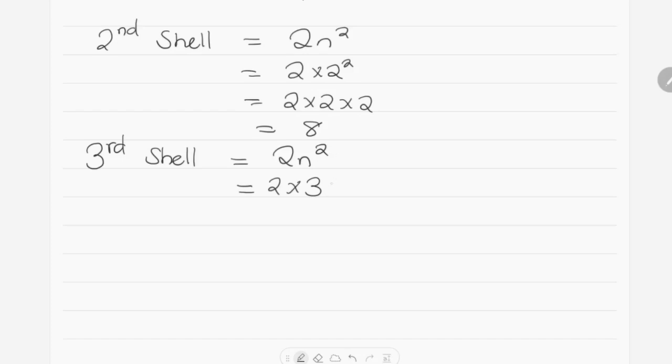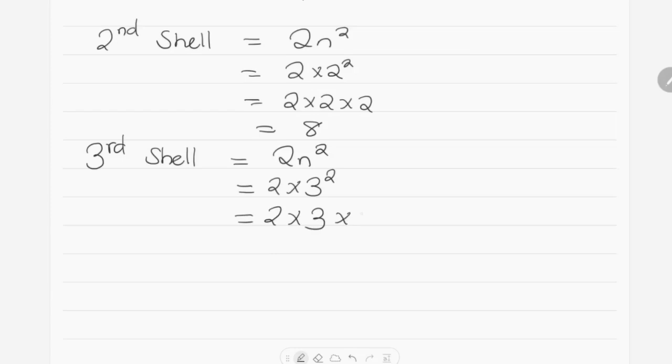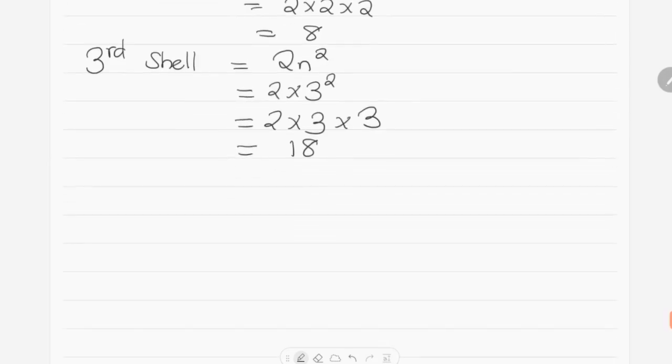So this will give us 2 multiplied by 3 multiplied by 3. When you multiply this, you get 18 as the answer. So the third shell is supposed to accommodate a maximum number of electrons, which is equal to 18.